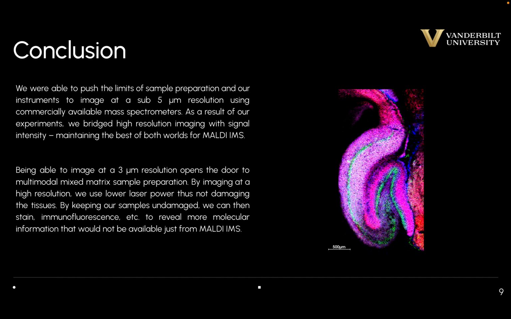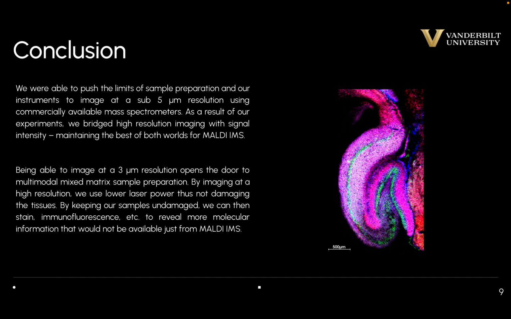So in conclusion, we were able to push the limits of not only our sample prep, but also our commercially available mass spectrometers to image at a sub 5-micron resolution in both positive and negative mode. As a result, we were able to get the best of both worlds for MALDI IMS. We were able to image at a high resolution while also keeping our signal intensity quite high.